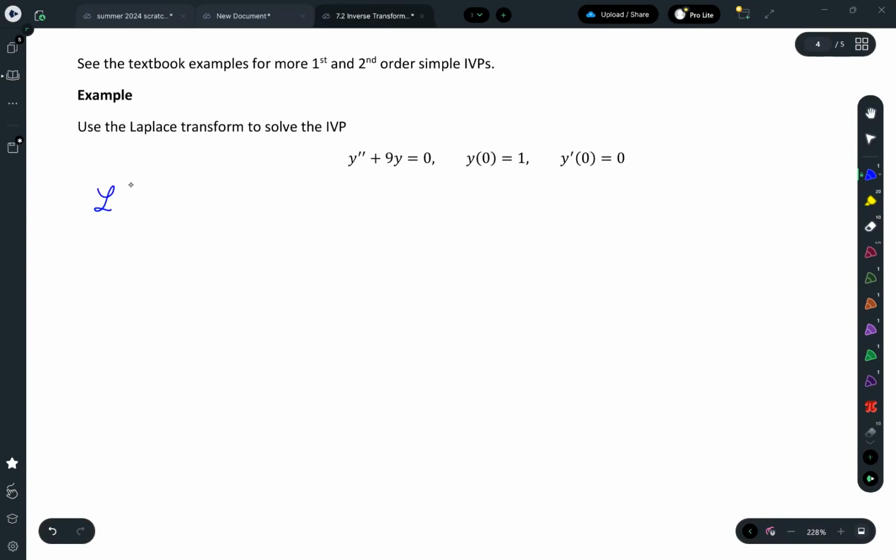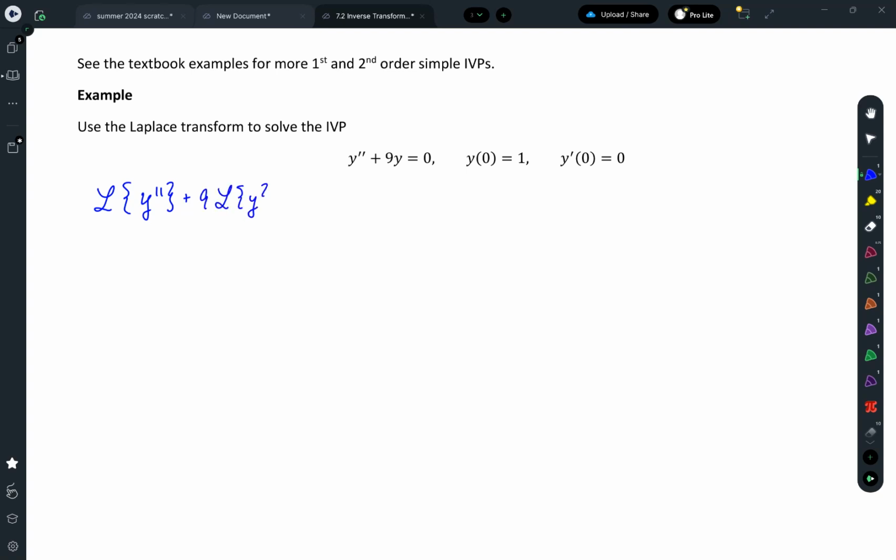So I take the Laplace transform of y double prime plus 9 times the Laplace transform of y equals the Laplace transform of 0. The Laplace transform of y double prime is s squared big Y of s minus s little y of 0 minus y prime of 0, plus 9 times big Y of s, and this is all equal to 0.